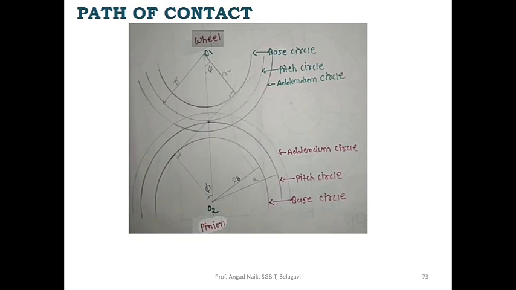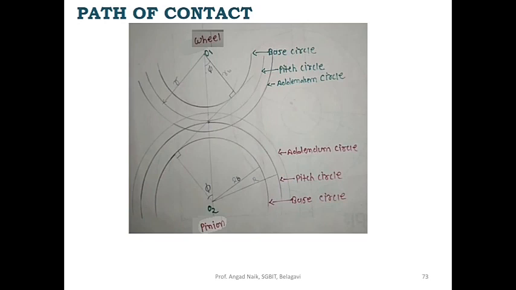Name that curve the pitch circle. The same process is repeated for the pinion with center O2, radius equal to 4.5 centimeter. Draw a curve. Name it the pitch circle of pinion. The point where the two circles meet is called the pitch point.